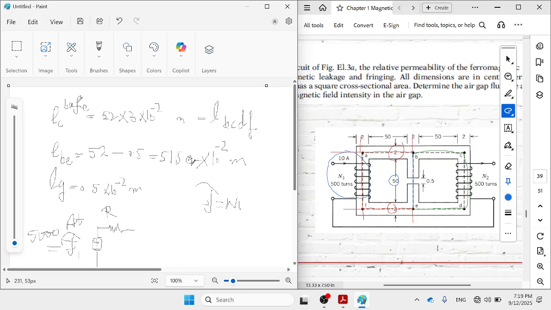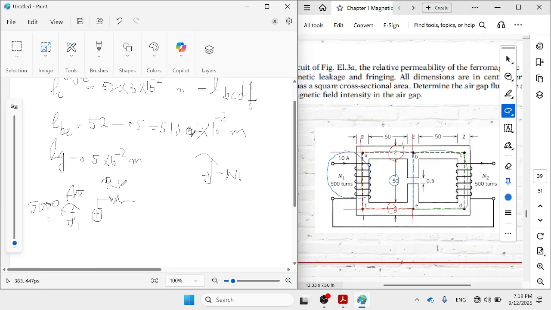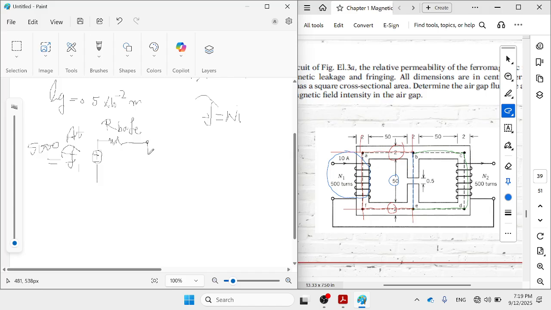Then we should have a reluctance, this one, the reluctance of BAFE. Then we have two reluctances in series. This is BE, correct? BE, yes. And the other one is RG.